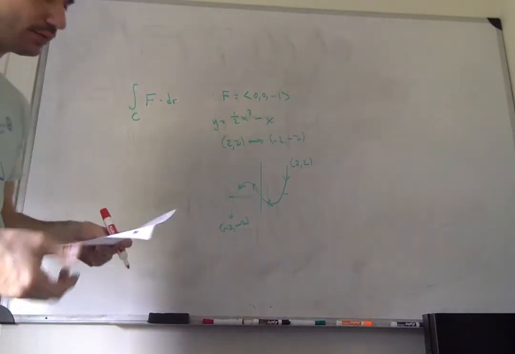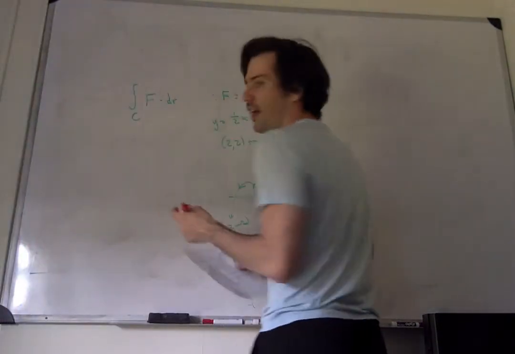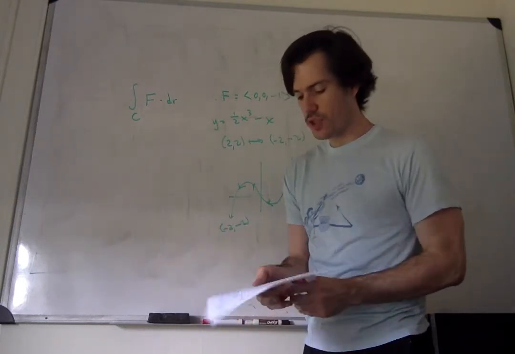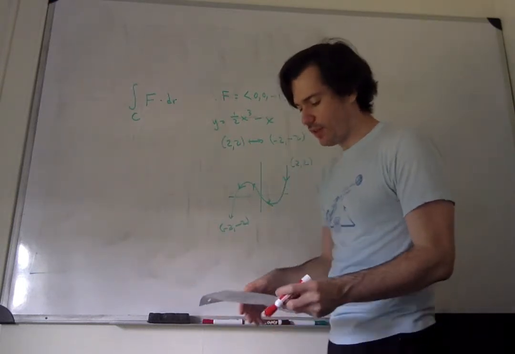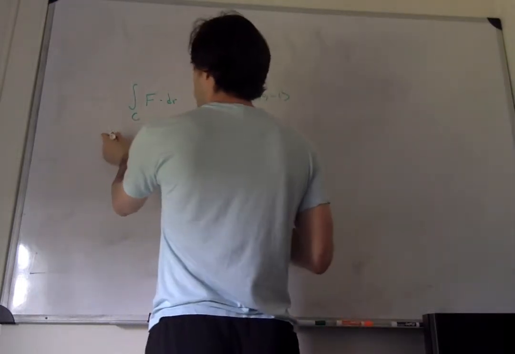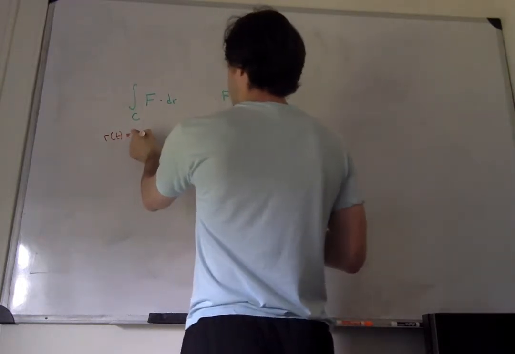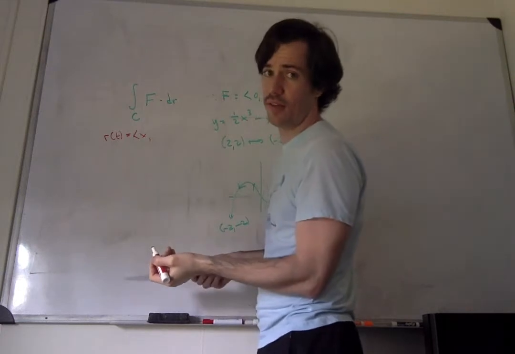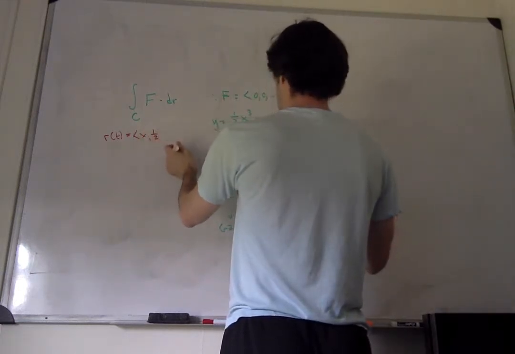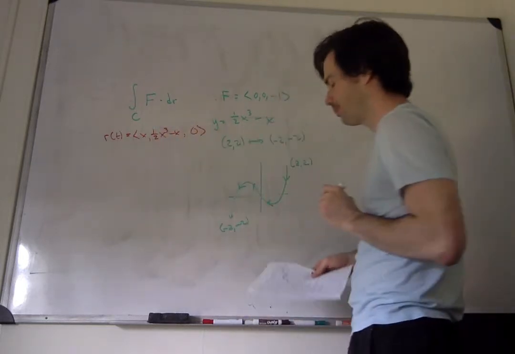Even though we're in the xy plane, we can still use a three-dimensional vector to do the calculation. This is, I guess you could say, what we're more familiar with. So in this case, z is going to equal 0. So r(t) is going to be x, then y is 1/2 x cubed minus x, and then z is 0.